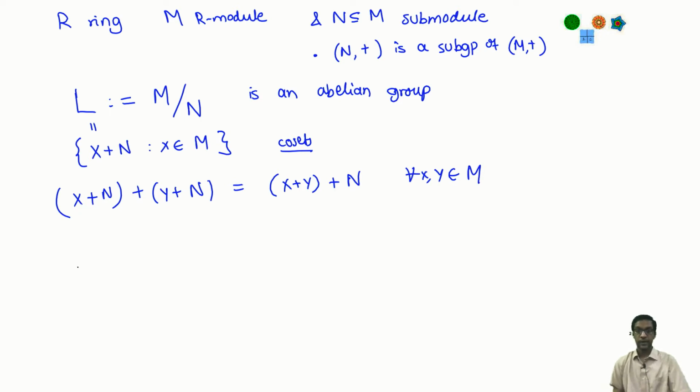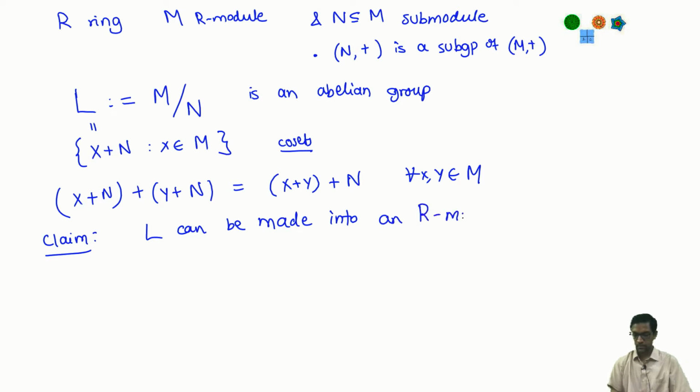Now what we claim is that we can do more, because M is a module, which means I know how to do scalar multiplication, and N is a submodule, which means it's closed under the scalar multiplication. So given this additional data, we claim that M/N can be made into an R-module.